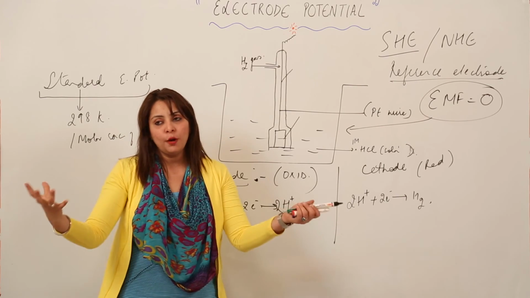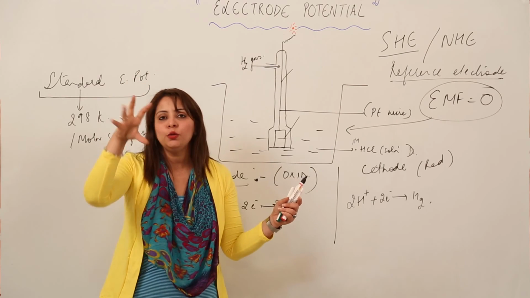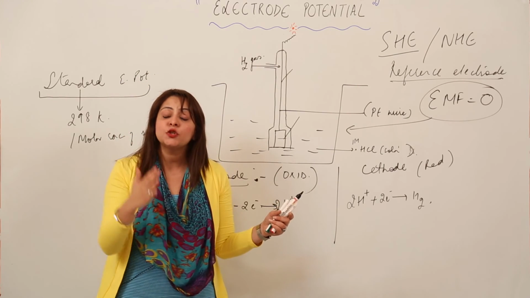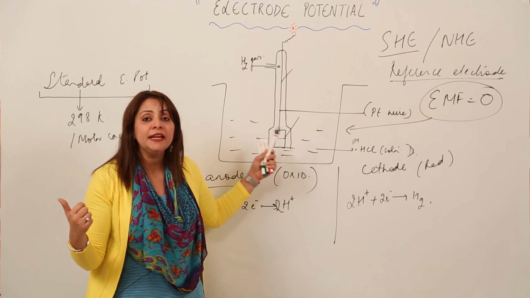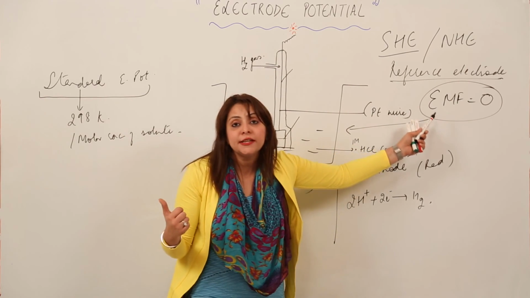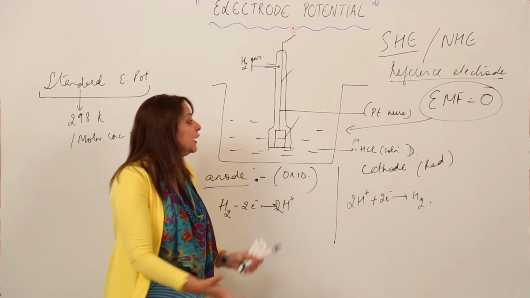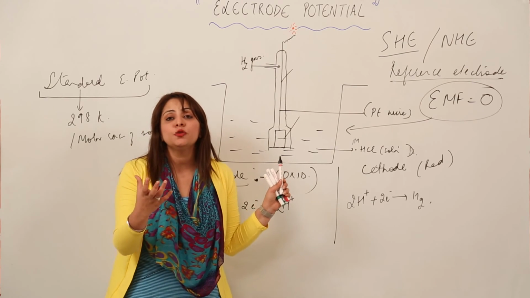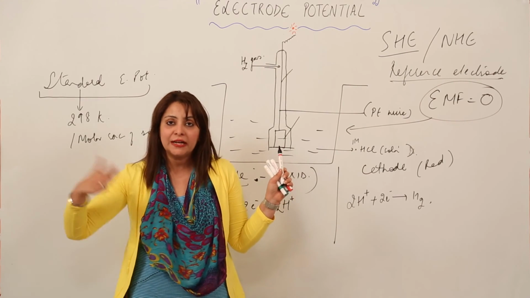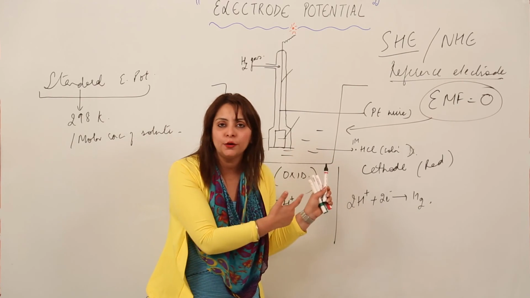When you have a combination of this SHE with any other cell, whatever reading you have for the EMF is actually the reading of that cell only, because the EMF for the SHE is 0. The whole reading you get in the combination is the value for the other cell only.